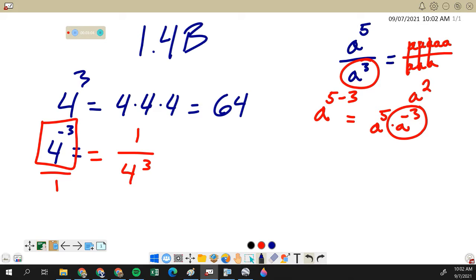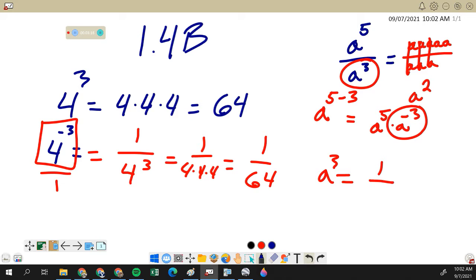And that would be 1 over 4 times 4 times 4, which is 1 over 64. Okay? So a to the third is the same as 1 over a to the negative 3. So anytime you see a negative exponent, just move it from wherever it is to the other side of the fraction.